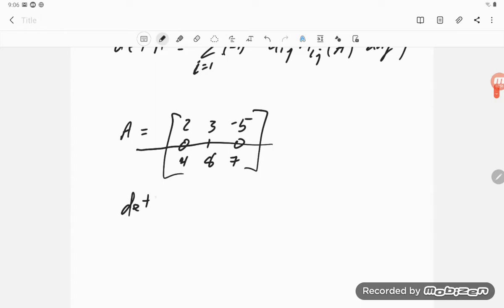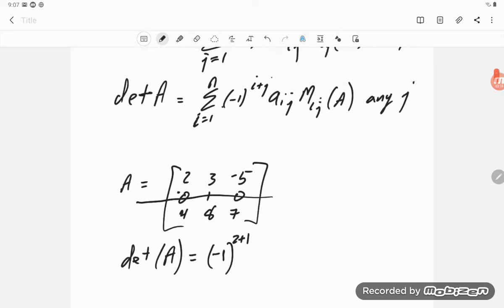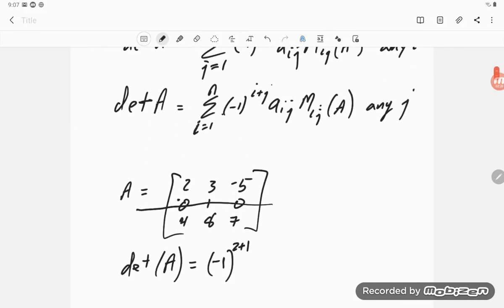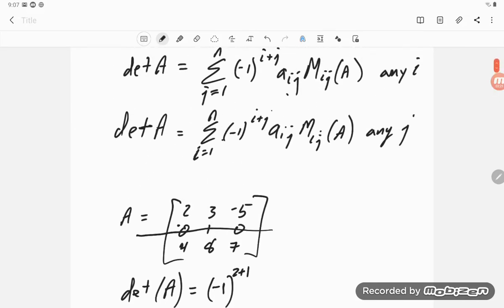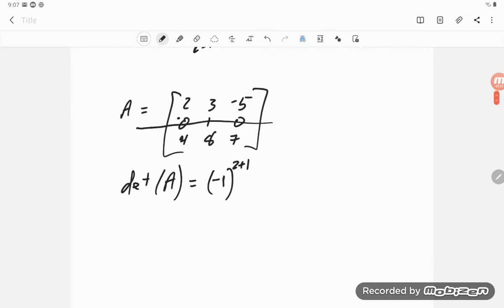So the determinant of A is equal to, I start with row 2, column 1, so that's -1 to the 2 plus 1, and then times the 0. Now the nice part is, for our Aij, we just get 0, and that's why I'm choosing that one.